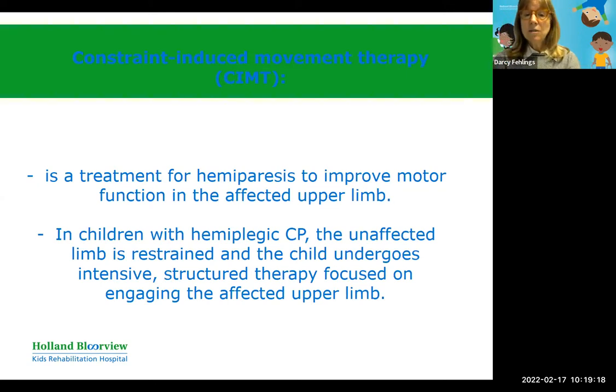It's a treatment to improve motor function in the affected upper limb. And in children with hemiplegic CP, in constraint therapy, the unaffected limb is restrained in some way, and then it's partnered with the child undergoing intensive structured therapy, play-based therapy, focusing on engaging the affected upper limb.